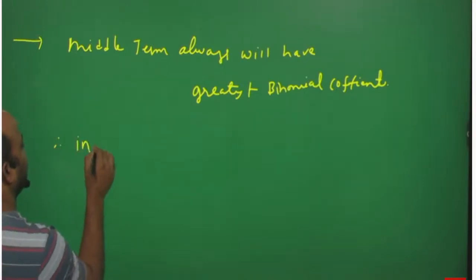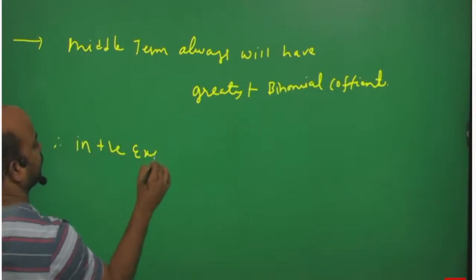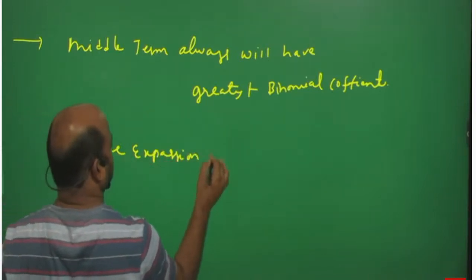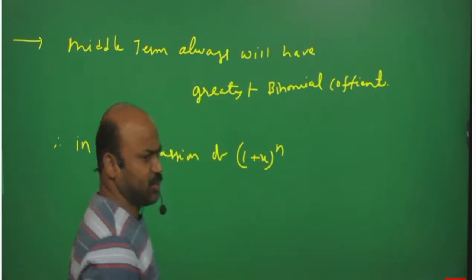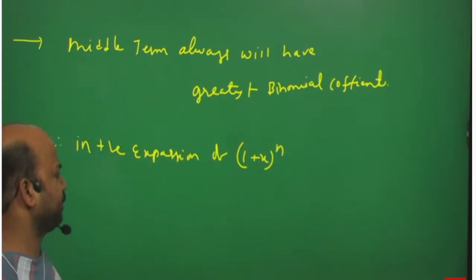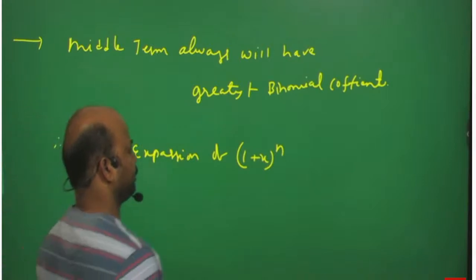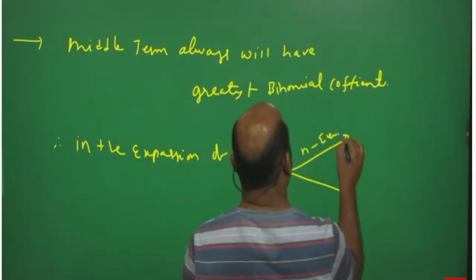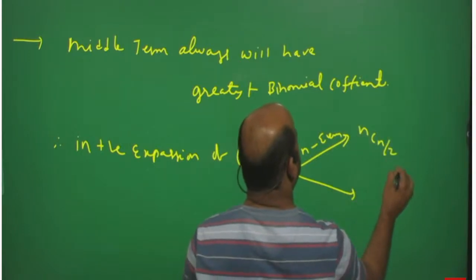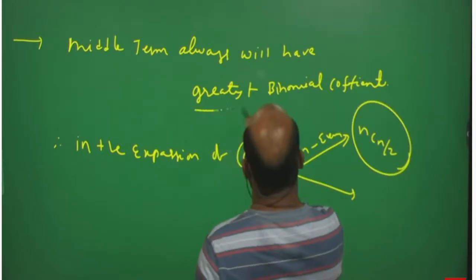Therefore, in the expansion of (1 + x)^n, when n is even, nC(n/2) is the GBC. This fellow is called GBC.